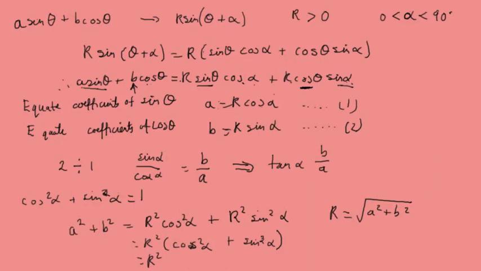Let's write down what we've discovered in full. For a sine theta plus or minus b cosine theta, and you can work through the same argument for minus as well, we want to make it equal to r sine(theta plus or minus alpha).